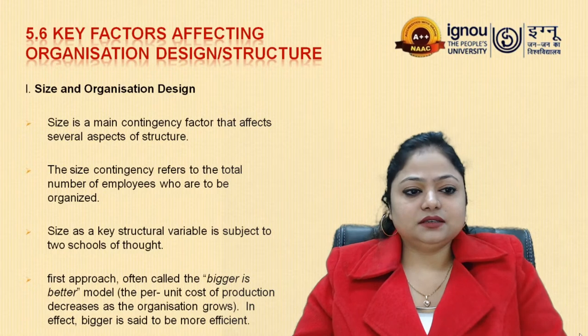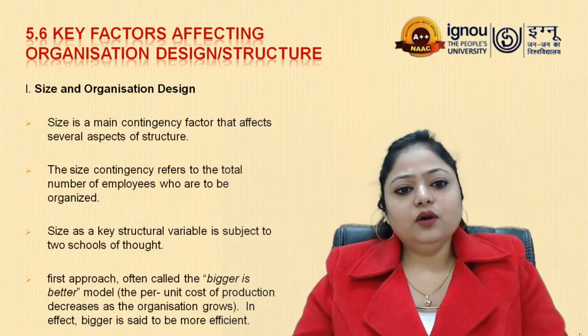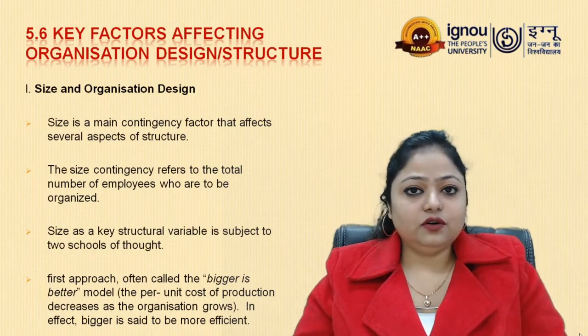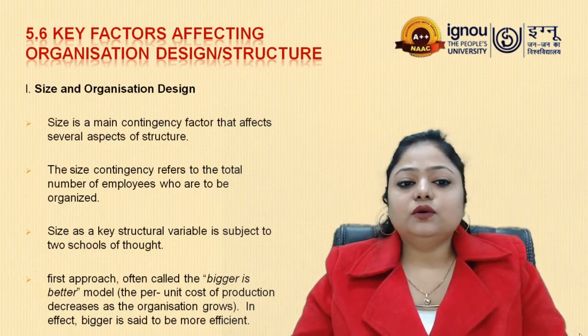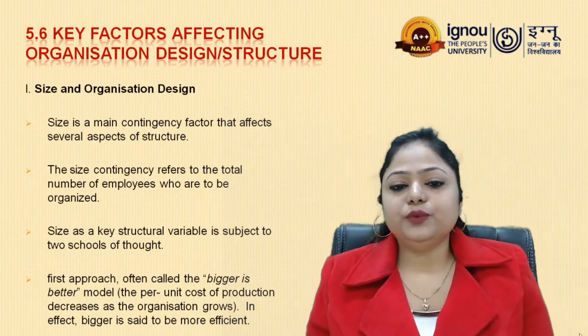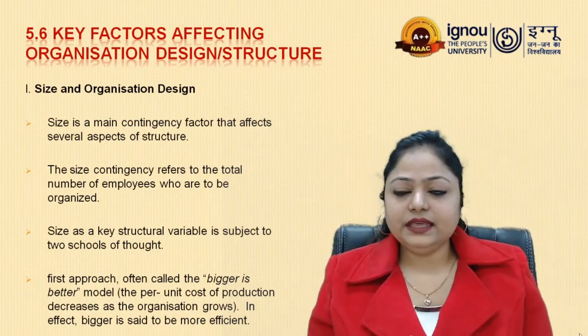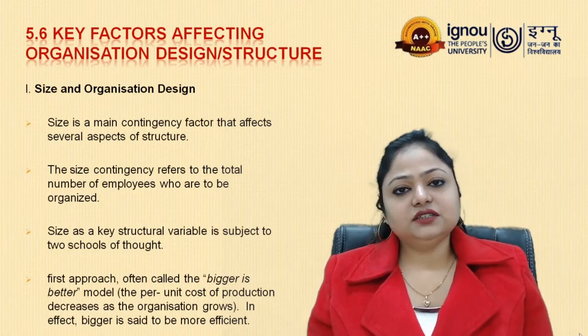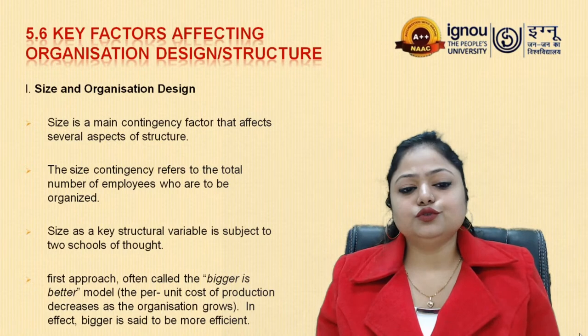How size matters. Size is a main contingency factor that affects several aspects of the overall organizational structure. The size contingency refers to the total number of employees who are to be organized in the organization. Now, it is such a key structural variable that it is subject to two schools of thought.